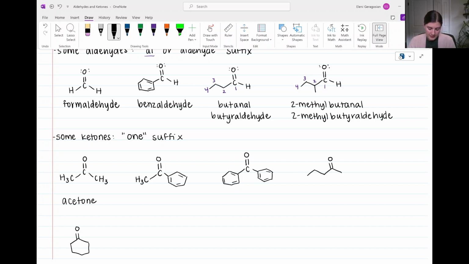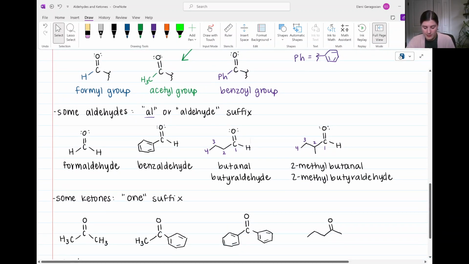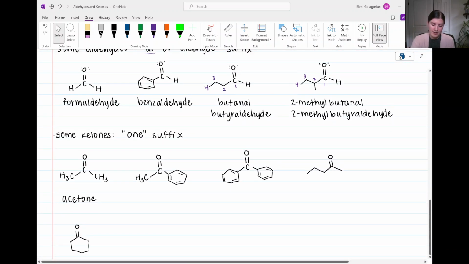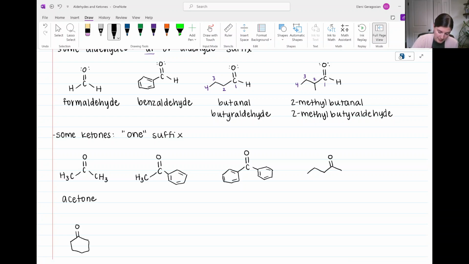Next we have another acetyl group and a phenyl ring. So we have conflicting names up here, benzoyl group or acetyl group. In this case, we use the acetyl group as the first part of the name, and then phenone is the last. So we use that phenyl part of the name to put the last part of the name together.